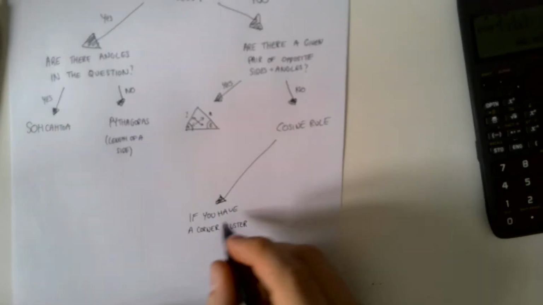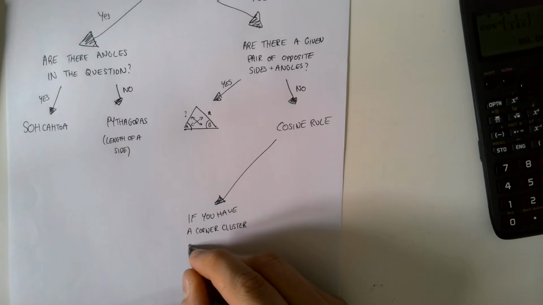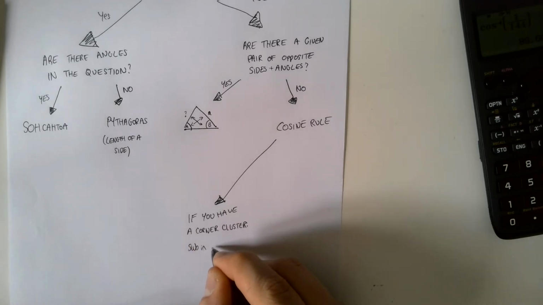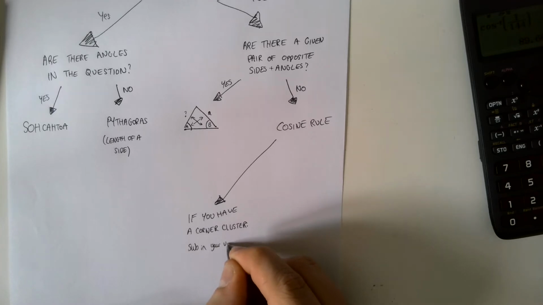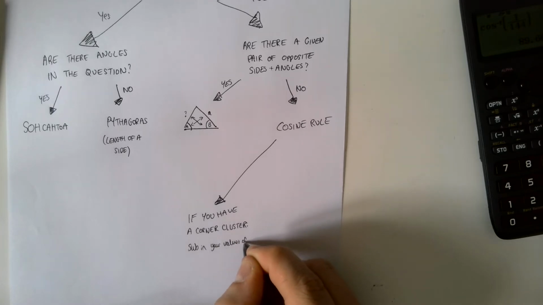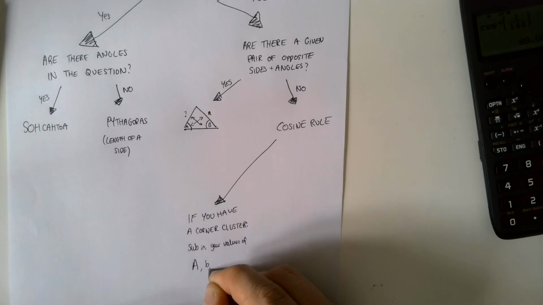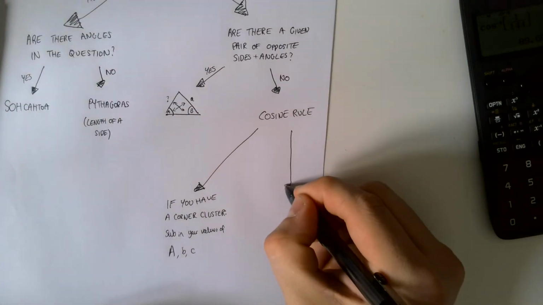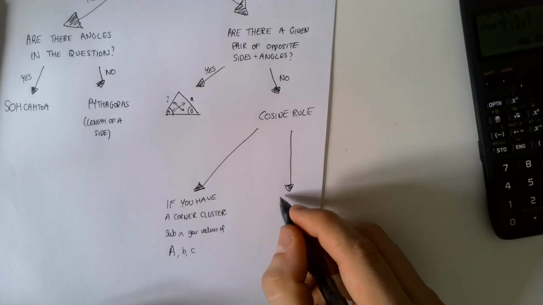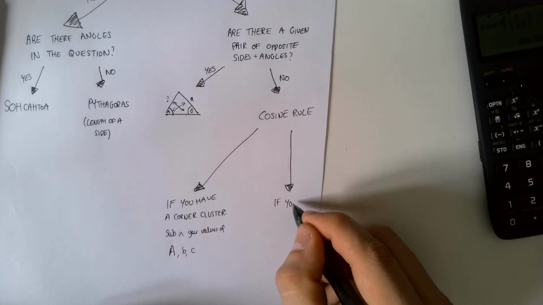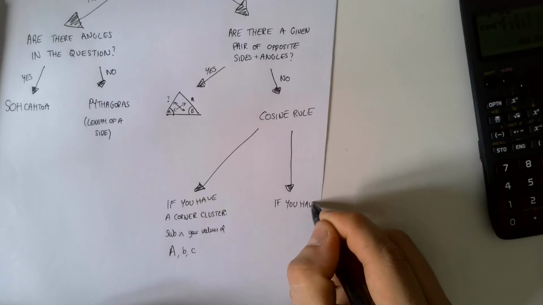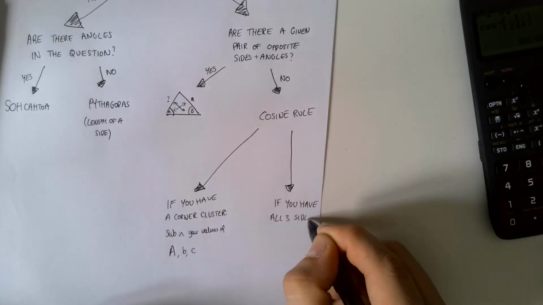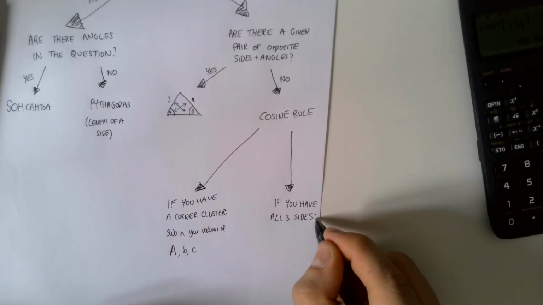If you have a corner cluster, just sub in your values of capital A, lowercase b and lowercase c. If you have all three sides, you will need to rearrange.